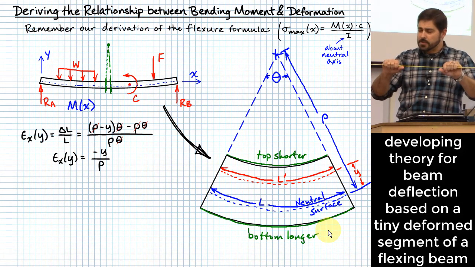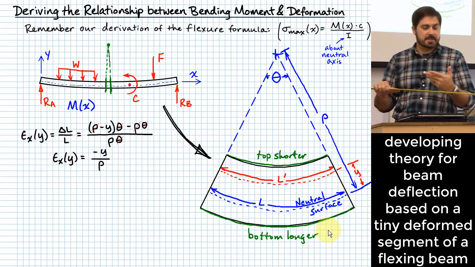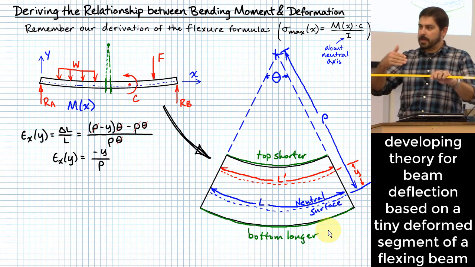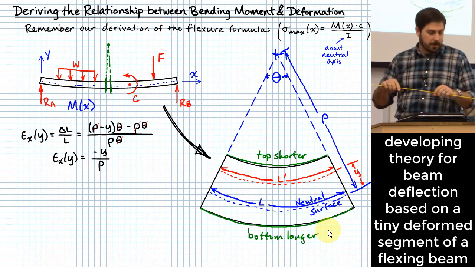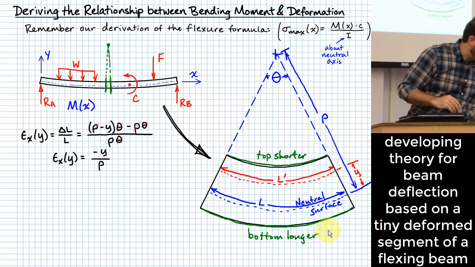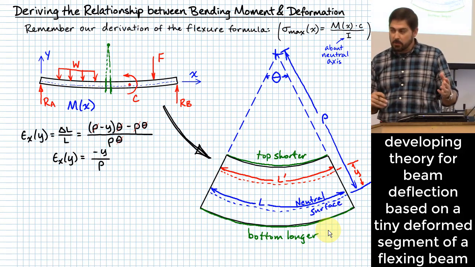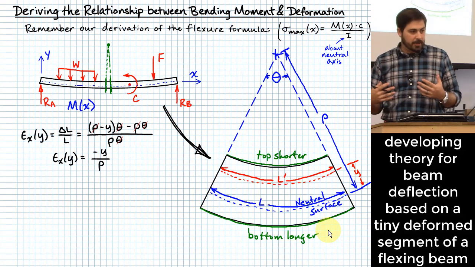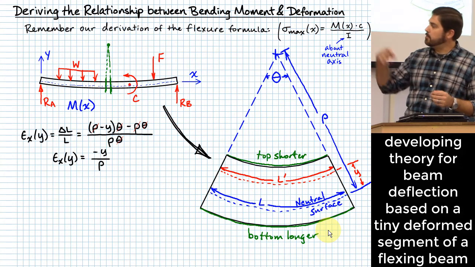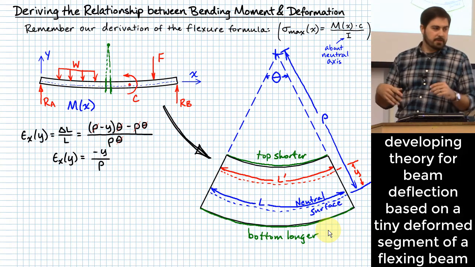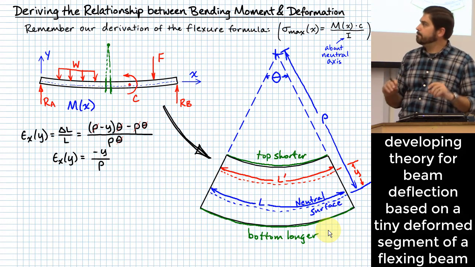So there's a little bit of theory that we've got to do so that we come up with the equations that matter to us with respect to this flexure, and that's where I'm starting here. Where I'm starting is one of the things that we did when we derived our flexure formula to begin with. You might remember we started that discussion with a beam that, due to some combination of loads acting on the beam, was carrying a bending moment, right?